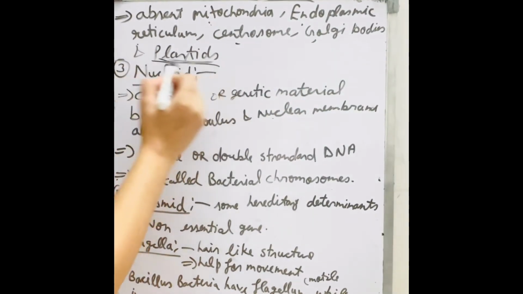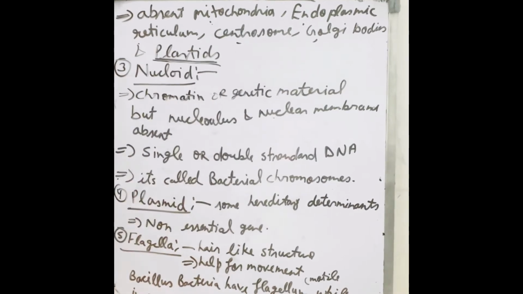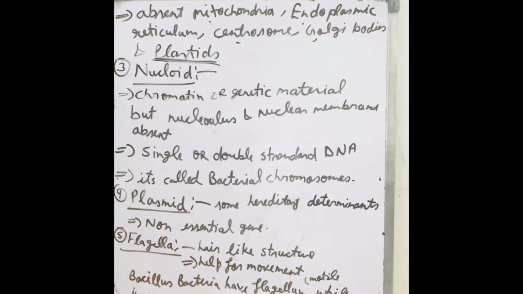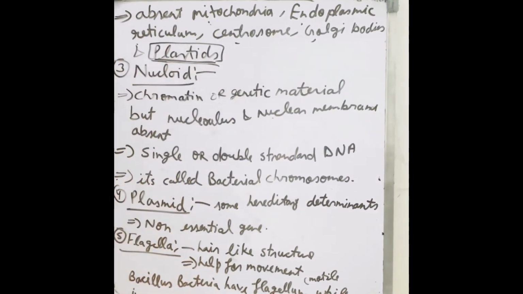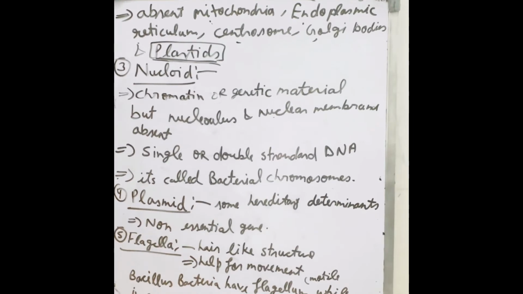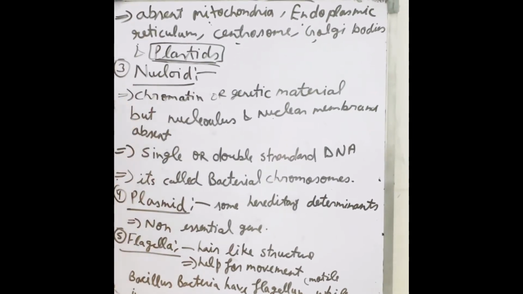Plastids are absent because there is no chlorophyll pigment, but some bacteria which are autotrophic possess a pigment called bacteriochlorophyll. Most bacteria don't have plastids.